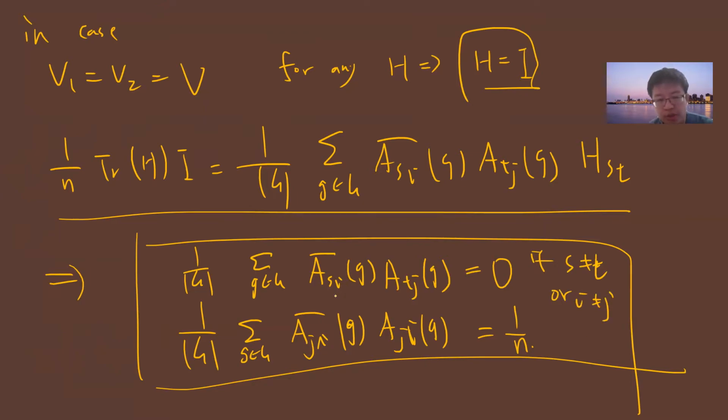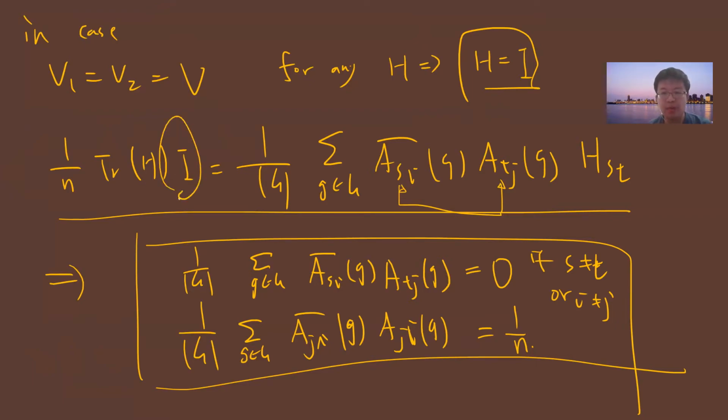Okay, so this means that if these two are different, or these two are different, then this will be 0. And if they're all the same, then it's just 1 over n. So this is just easy. You just choose H_ST to be diagonal, right? So to be identity, so S must be the same as T. So it will fix these two. And you just choose S and T to be the same, and then you will fix these two, but the left-hand side is still another identity, right?